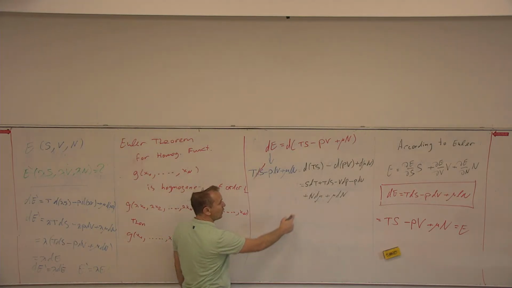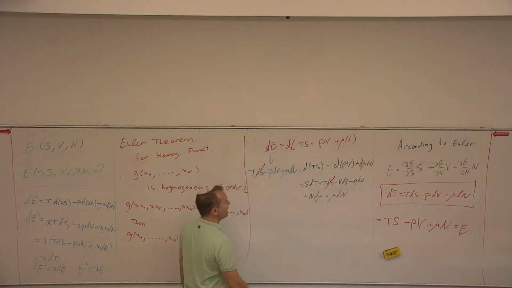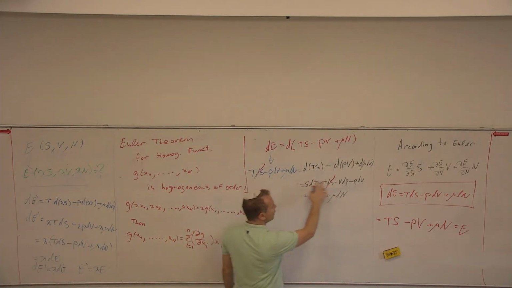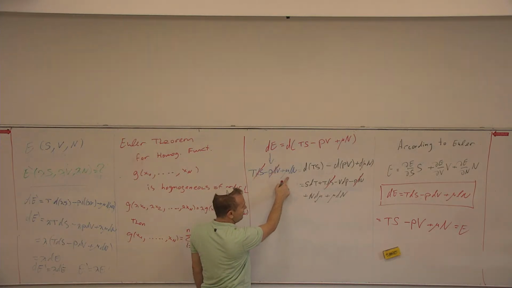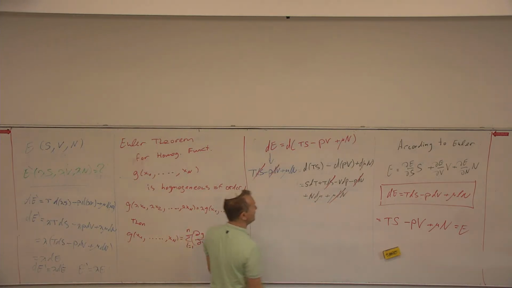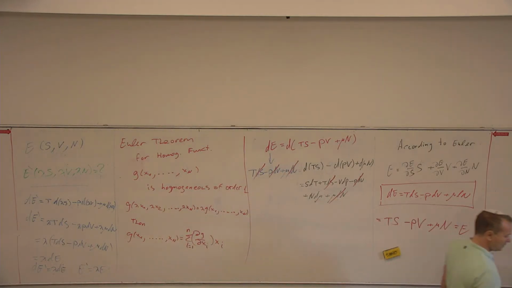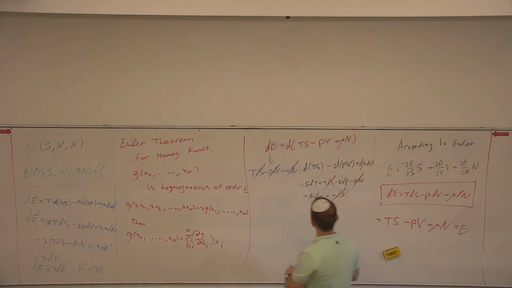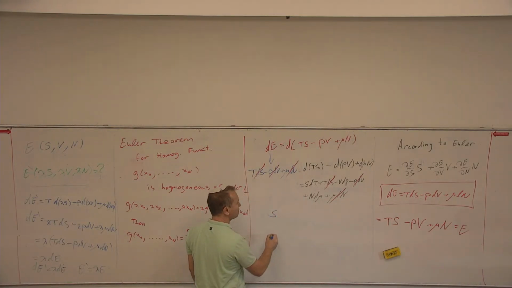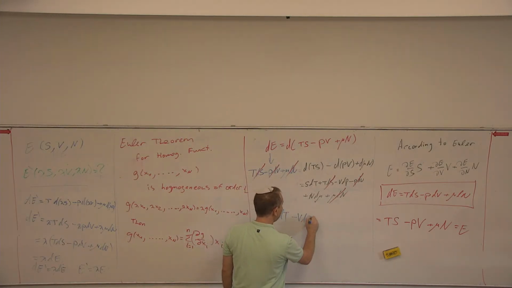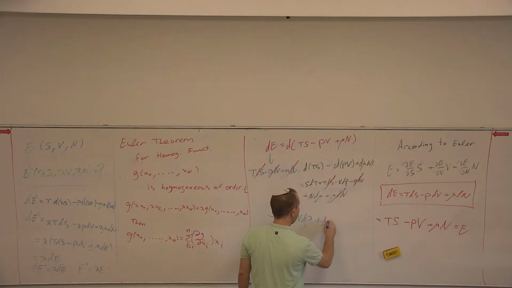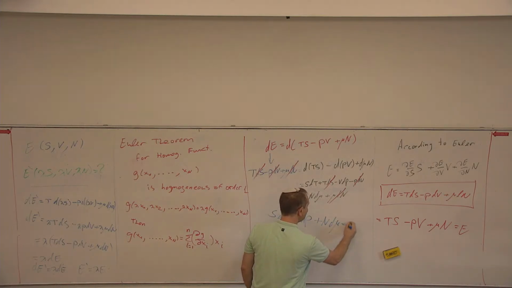So TdS goes with TdS, minus PdV goes with minus PdV, mu dN goes with mu dN. Great, so on the left-hand side, we canceled a lot of stuff. And on the right-hand side, we are left with S dT minus V dP plus N d mu equals 0.